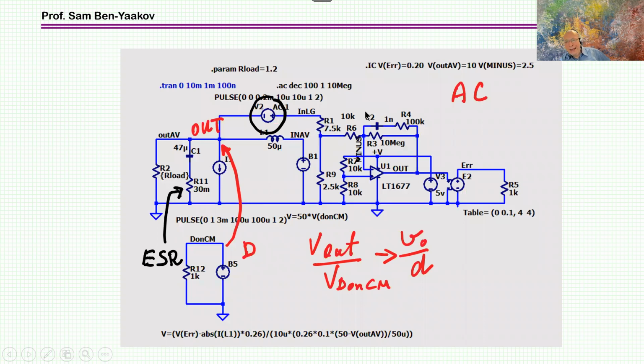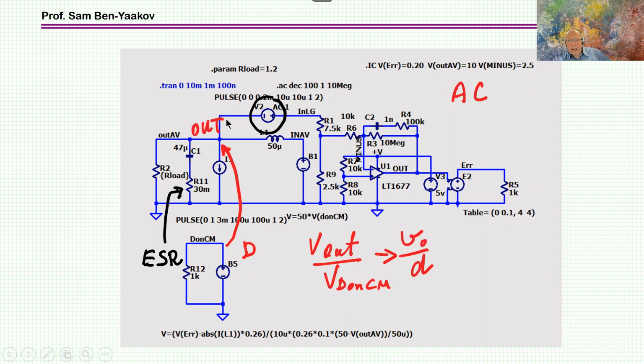Now, the beauty of this whole thing is that we can run small signal analysis. And as I've explained, the first step in the AC simulation is linearization of this equation and getting the small signal responses.